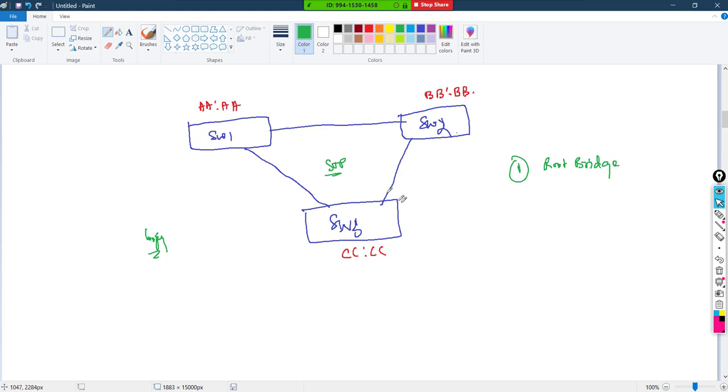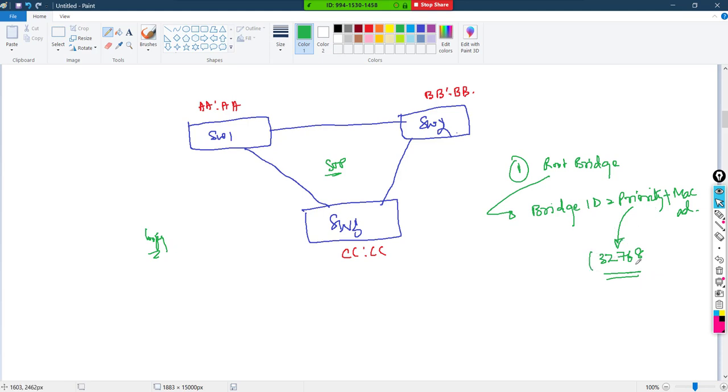So among these three switches, who is going to get the root bridge privilege? For finding out the root bridge, there is a formula called bridge ID equals priority plus MAC address. Let's take priority to be a constant number, 32768.